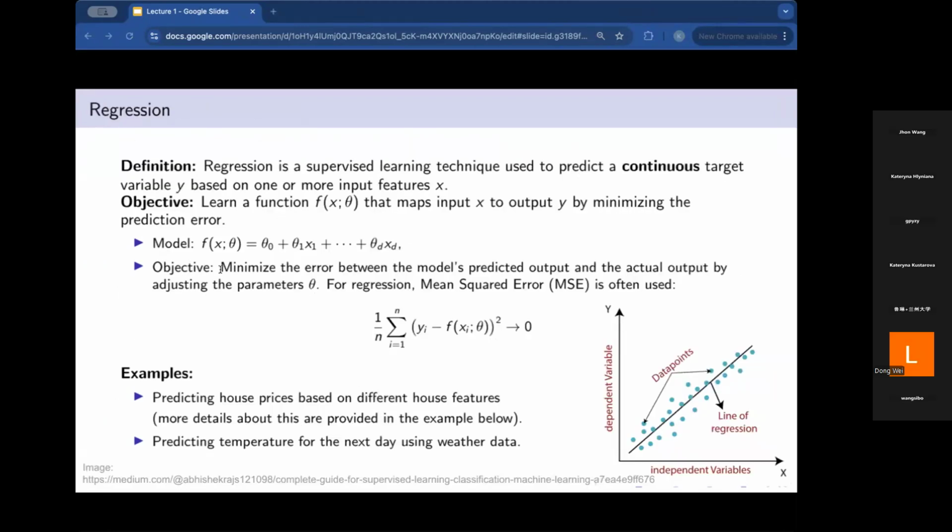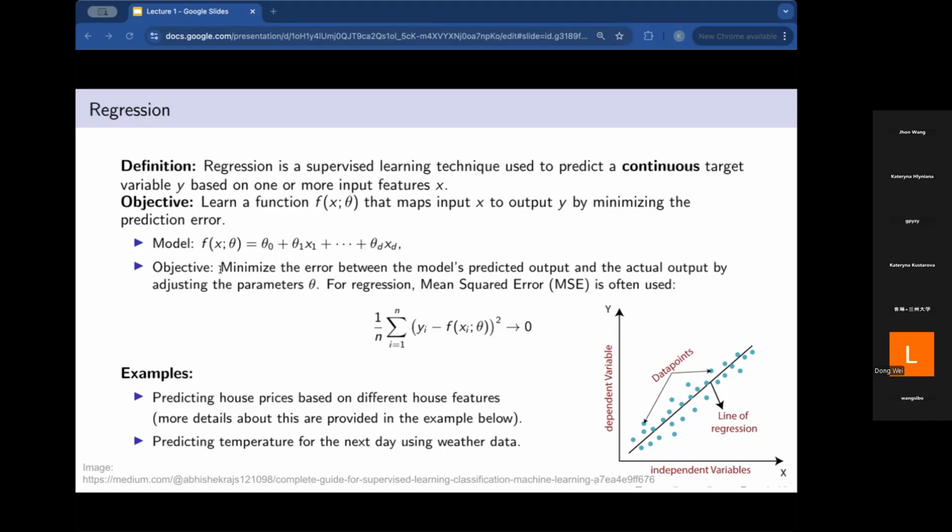So the model we are considering is a linear function of the input features. Here, theta represents the parameters we want to adjust to find the best fit. The goal is to minimize the error between the model's predicted output and the actual output.